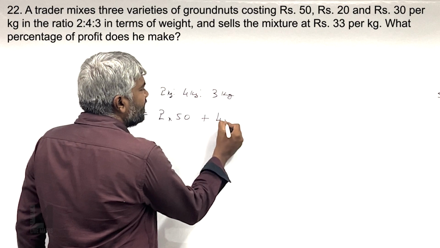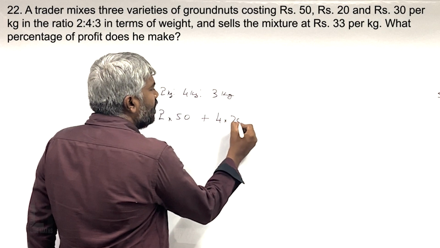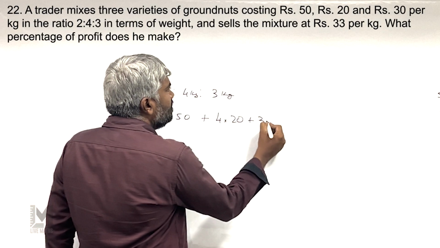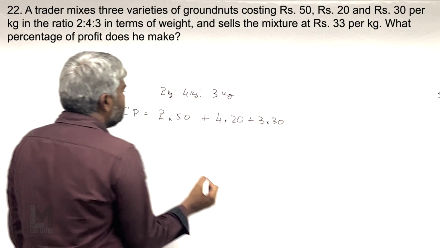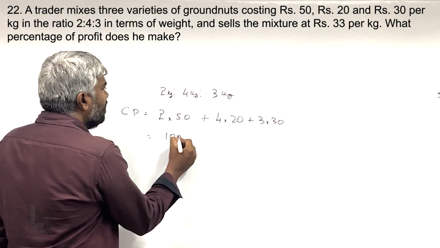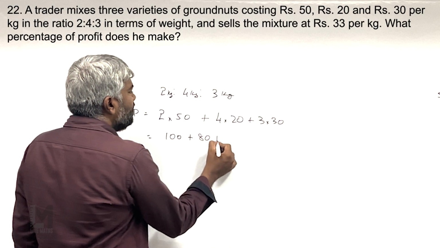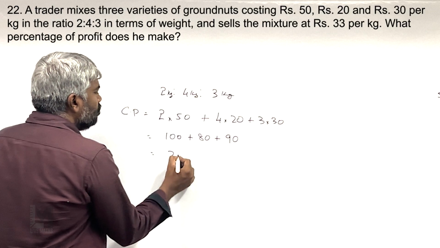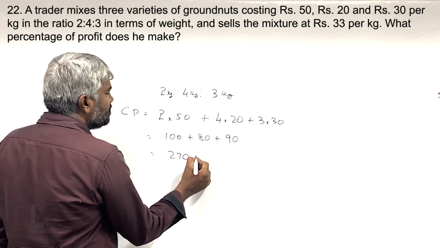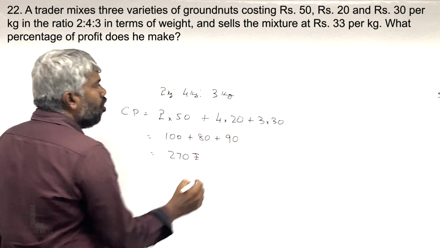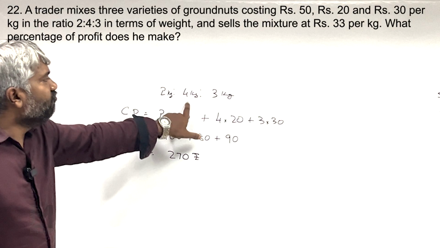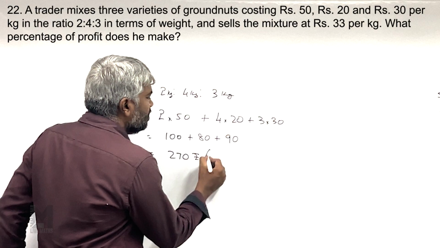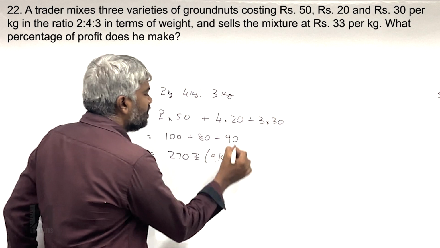The cost price of second quality is 20 rupees per kg and third quality is 30 rupees per kg, right? 100 plus 80 plus 90. If you solve, you will get 270 rupees. Okay, for how much kg? 2, 4, 3, totally 9 kg, right?